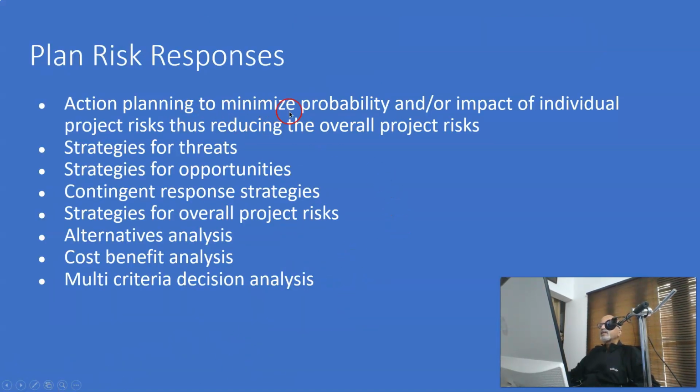This is action planning to minimize the probability and/or impact of individual project risks, thus reducing the overall project risk. There are strategies for threats, strategies for opportunities, and contingent response strategies. That means the risk is happening, then what are you going to do? That is the contingent response strategy.